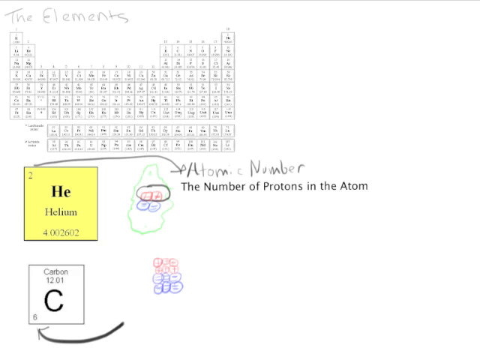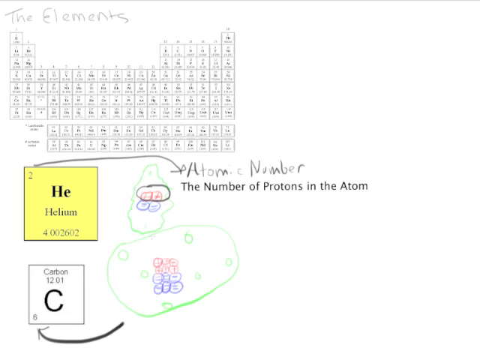And around the outside in the cloud, it's going to have 6 negative electrons. And remember, there's no real line around an atom, just drawing it there to represent the cloud.